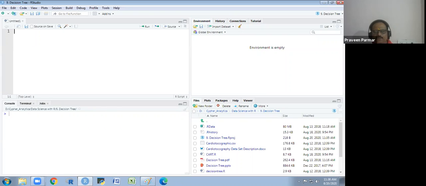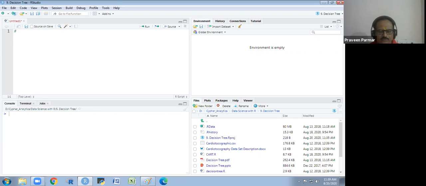Now, whenever I use the script, I have to write some comments. The comment will not be read by R. It will just print whatever you have written and will not work on it. So that is the comment. In most languages, we use the hash sign.